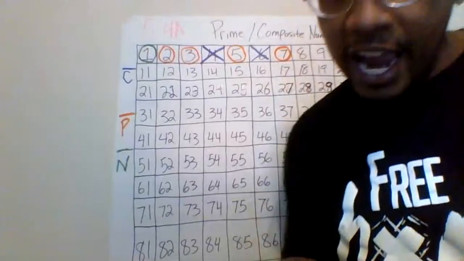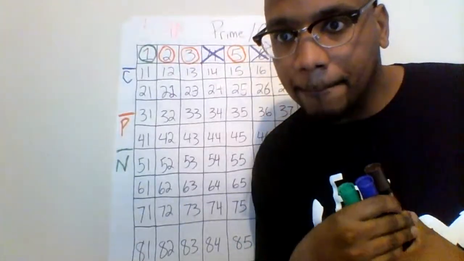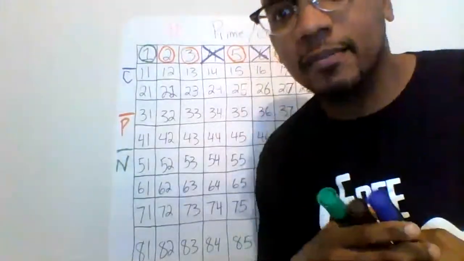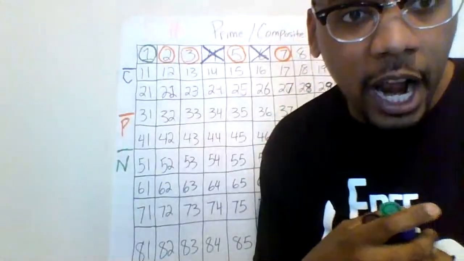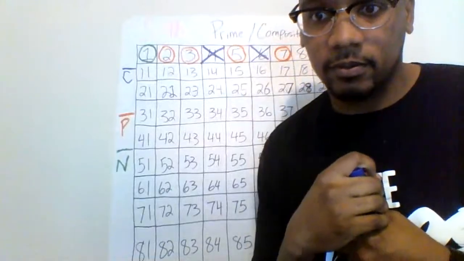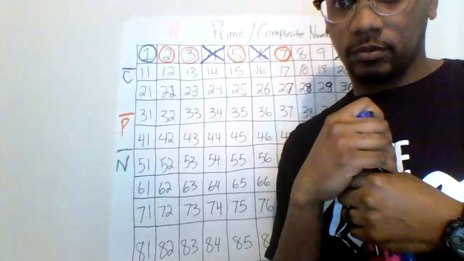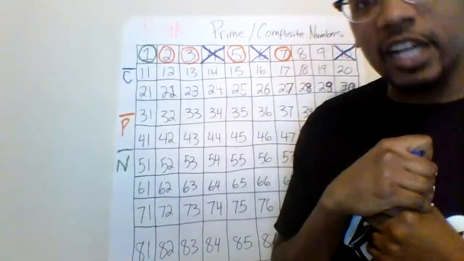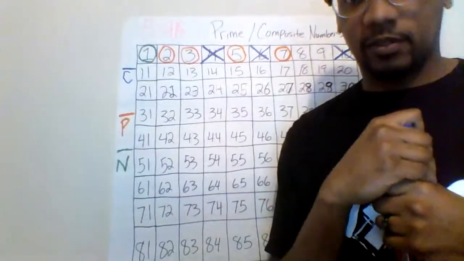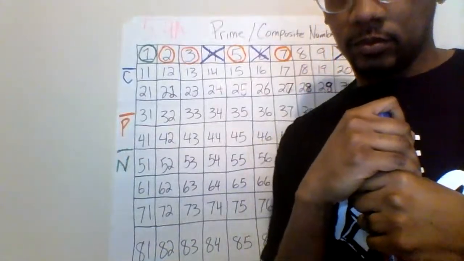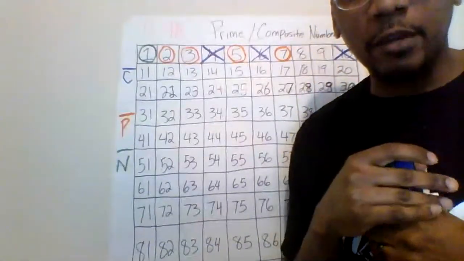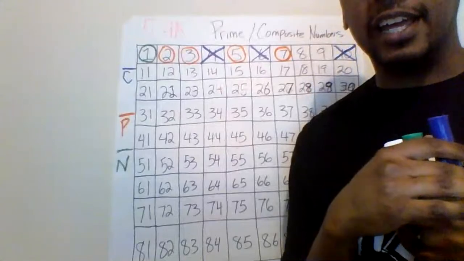Good. We've already done 7, so we'll just have to do 8 and 9. Natalie, is the number 8 prime or composite? Think about what you have to multiply to get 8.